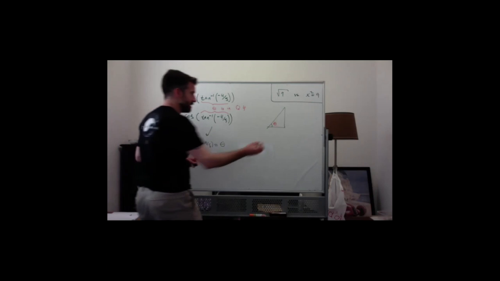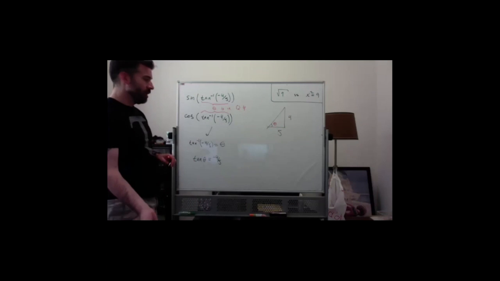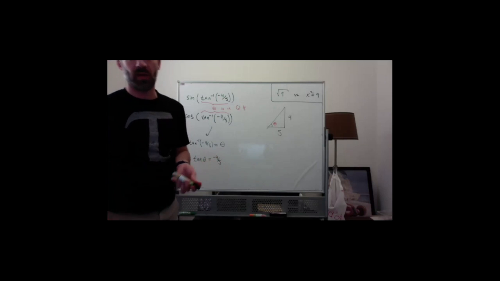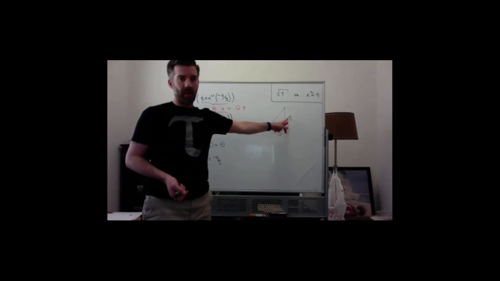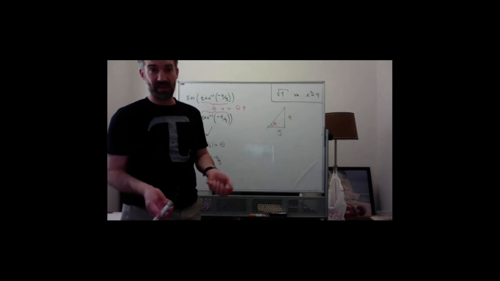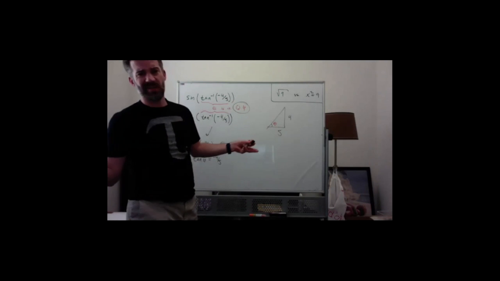And tangent is opposite over adjacent. For inverse tangent especially, it's usually not clear whether the opposite or the adjacent is negative. I don't want to worry about which one it is. I'm just like, hey, quadrant 4. That's all I need to know.